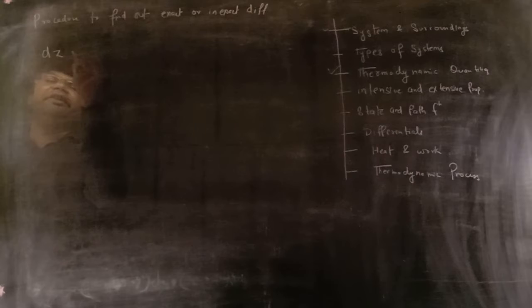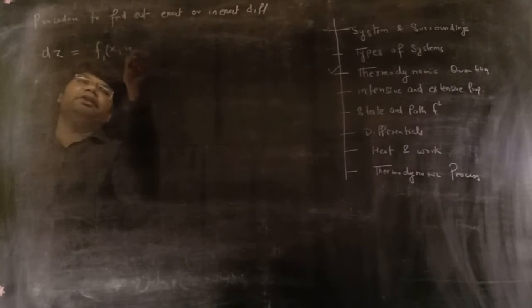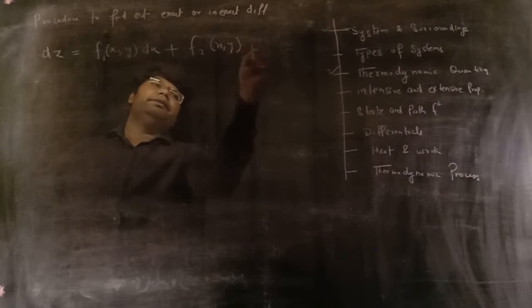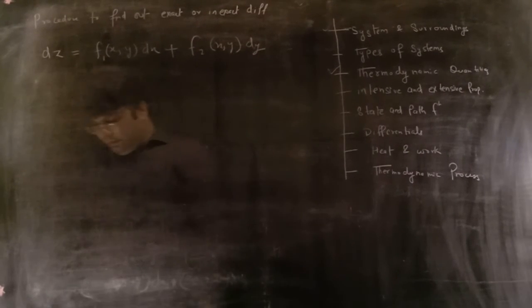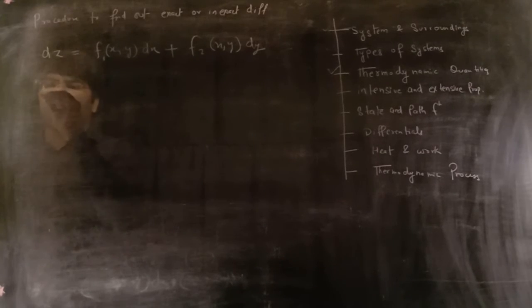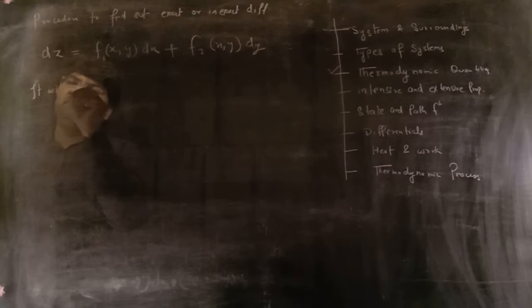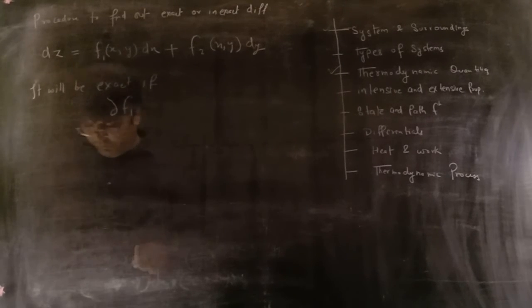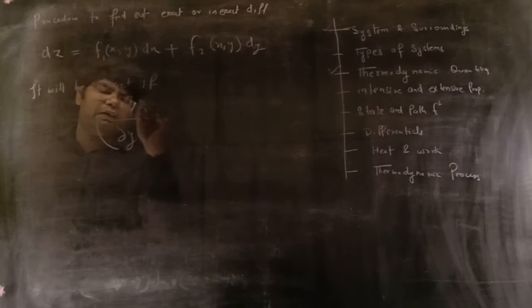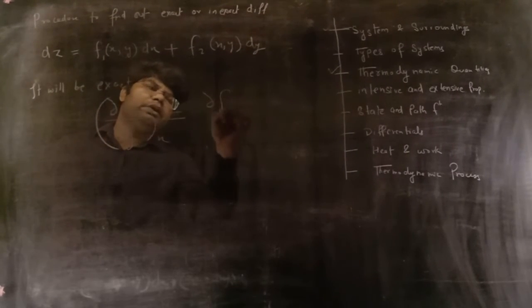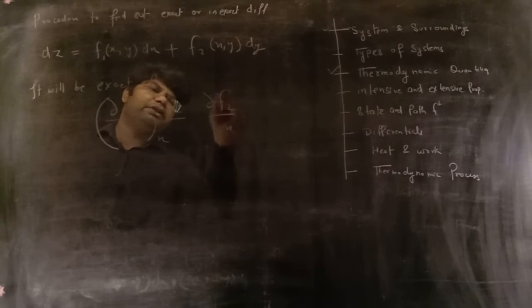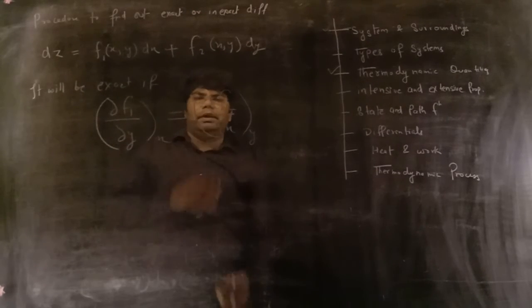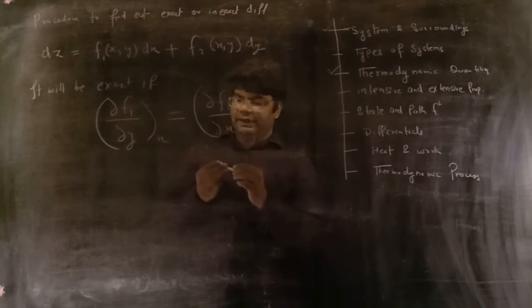Suppose this is the total differential f1(x,y) dx plus f2(x,y) dy. The differential will be exact if f1 differentiated with respect to y at constant x is equal to f2 differentiated with respect to x at constant y. If it is equal, then it will be exact.